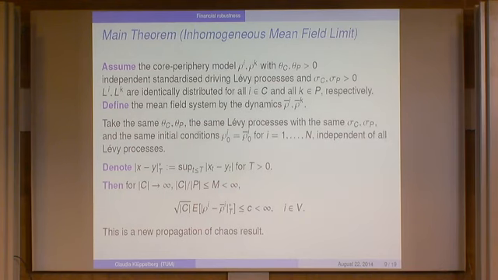Well, the result is that when the number of core banks goes to infinity, meaning by this condition also the number of periphery banks goes to infinity, then every single bank, every single robustness of a bank I goes to the robustness of the mean field model, in this sense, with a certain rate.